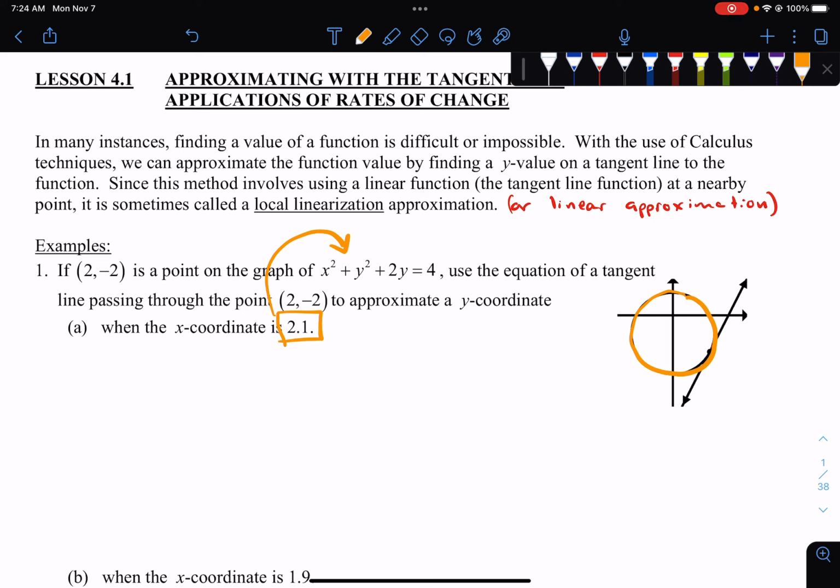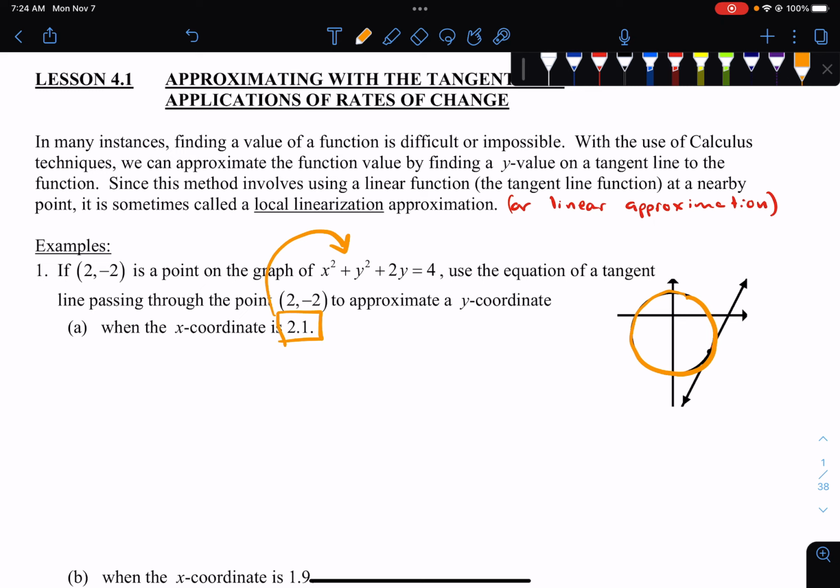So trying to plug 2.1 into this equation is a mess. Sometimes we have functions where the algebra, the arithmetic is really ugly, or sometimes for one reason or another, you can't plug that value in.